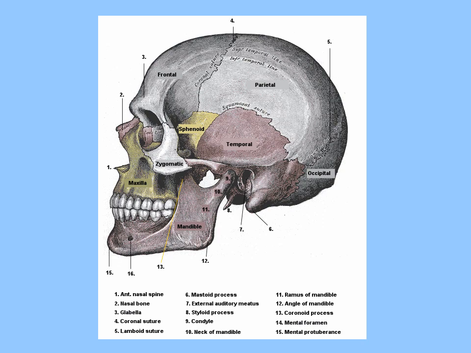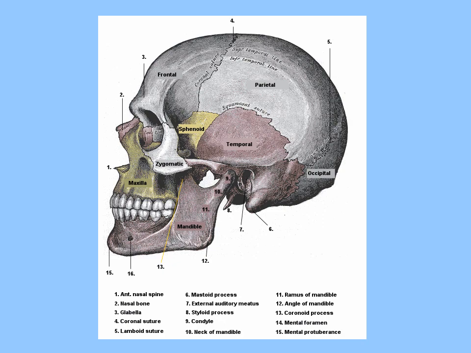Here's a lateral view of the skull. In this view, we can see some of the areas of the skull, such as the frontal, parietal, sphenoid, and temporal areas. Just discussed the maxilla and the mandible.